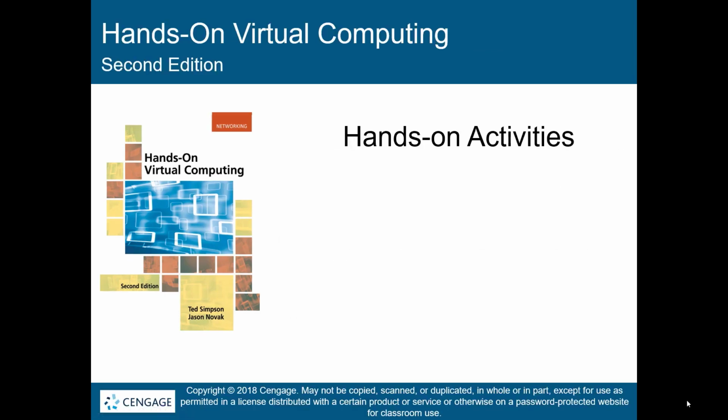All the modules in our text and MindTap materials are supported by a large number of hands-on activities that allow students to learn concepts and technologies by working with the actual products. Our hands-on virtual computing materials contain two types of activities. First, textbook activities.